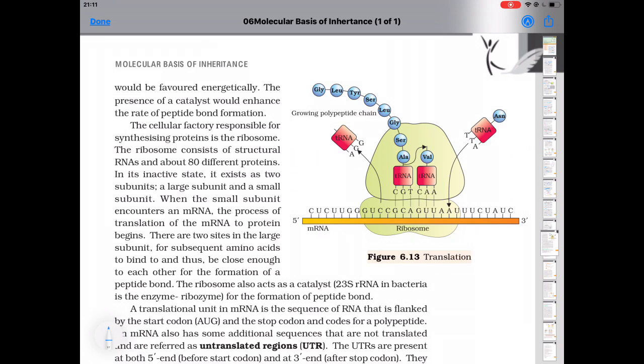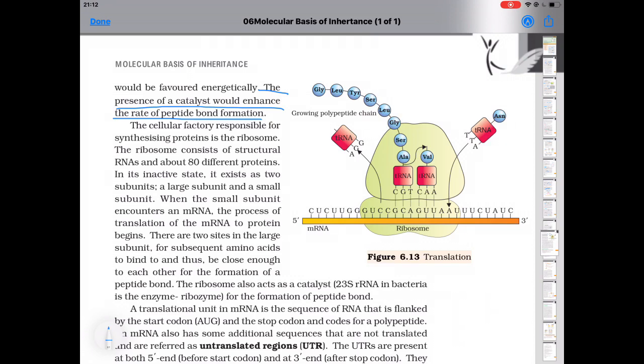After this attachment, tRNA is called the charged tRNA. Next, if two such charged tRNAs are brought close enough, the formation of a peptide bond between them would be favored energetically. The presence of a catalyst would enhance the rate of peptide bond formation.